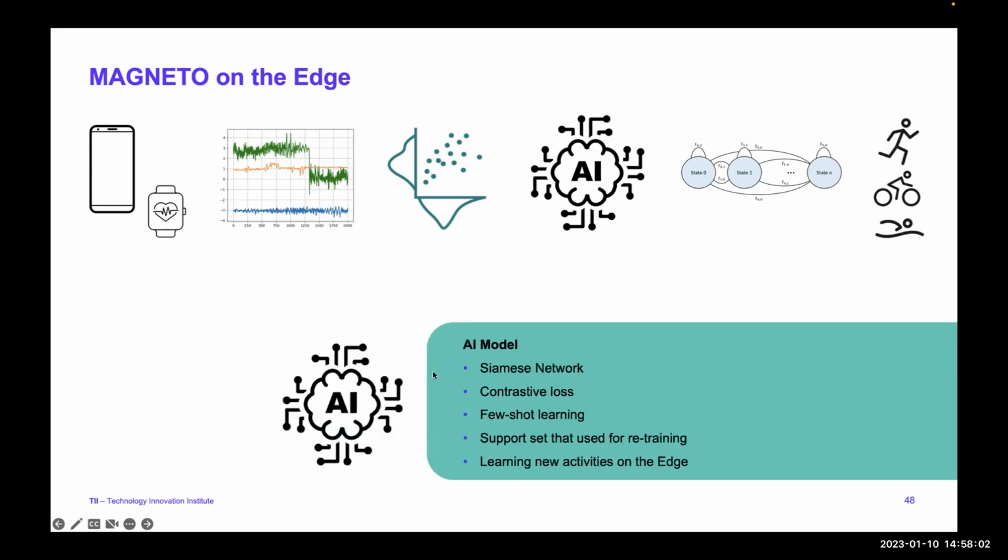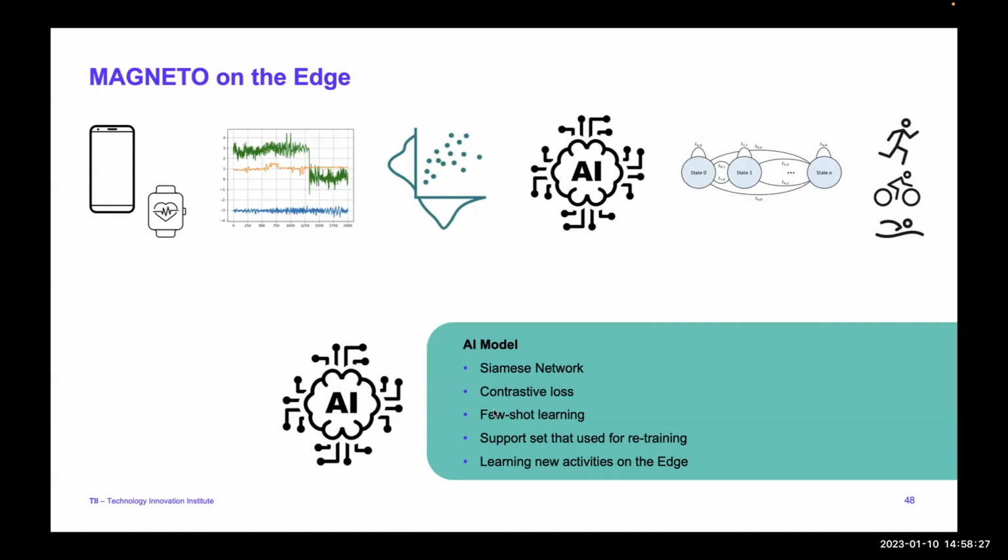Then we have built the AI model. For this, we have relied on Siamese networks and few-shot learning to do the prediction, or to build the model directly on the device. Why did we use that? Because it's a very light version of neural networks that can run directly on small devices.